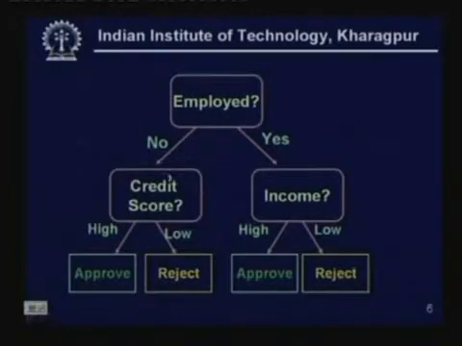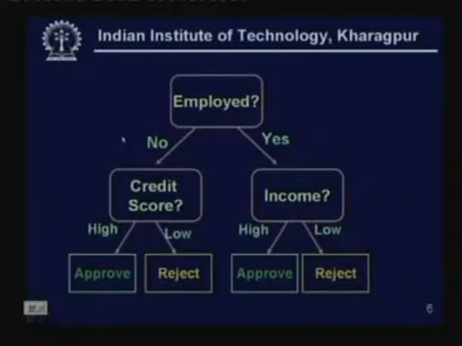If the person is not employed, then the attribute credit score is checked. If credit score has value high, then the loan is approved. If credit score has value low, the loan is rejected. On the other hand, if the person is employed, then income is checked. If income is high, the loan is approved. If income is low, the loan is rejected.